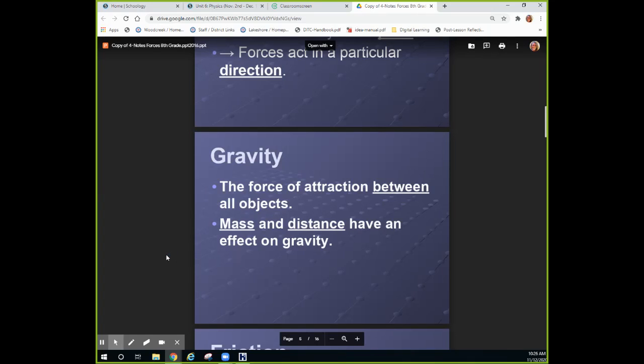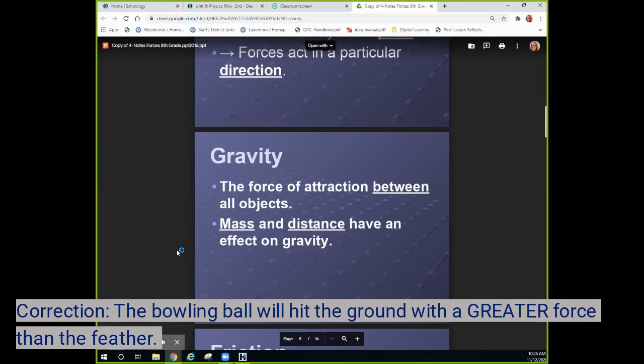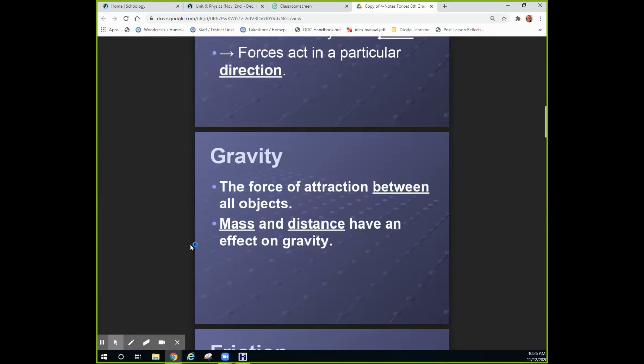If you drop a bowling ball and a feather, the bowling ball should hit the ground faster because it has more mass. And then think about how light helium is and how light air is, and how gravity does not affect it as much as it affects a baseball or another more solid object than air or helium or some type of gas.